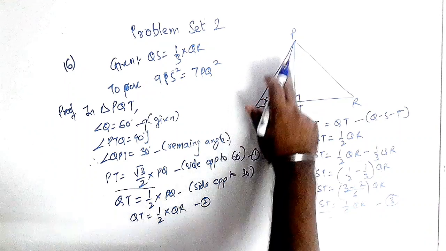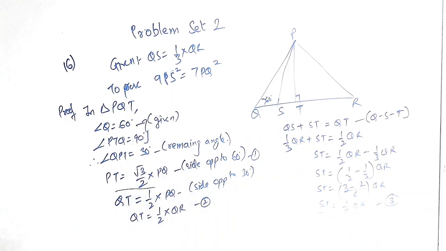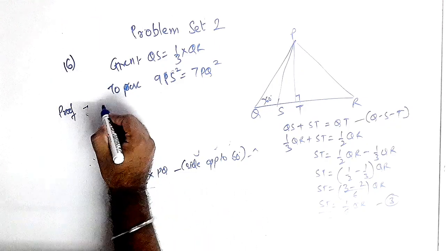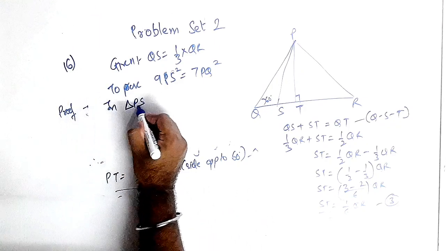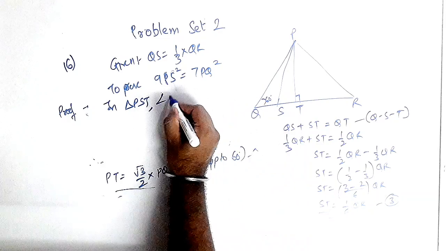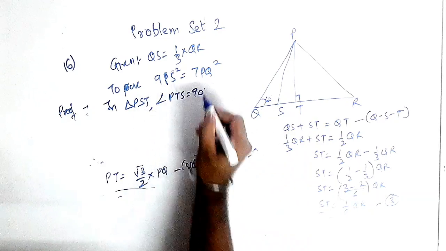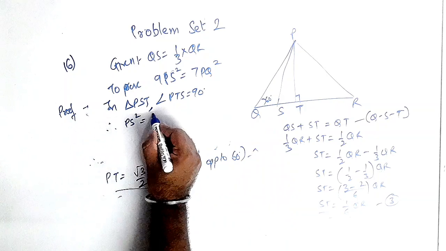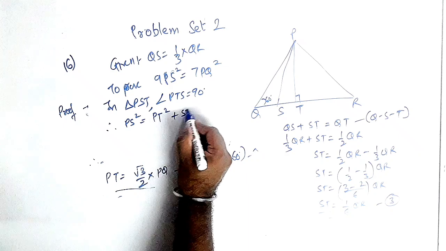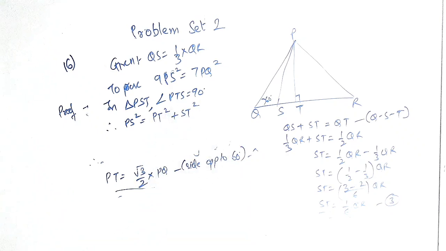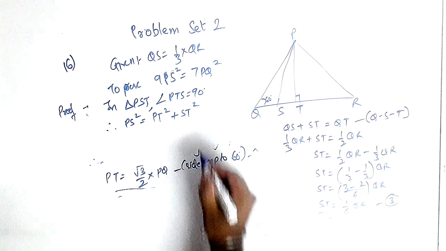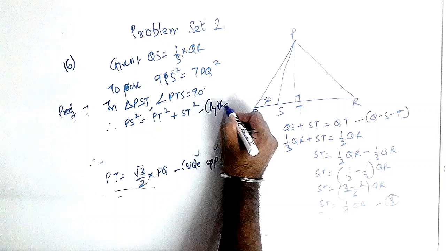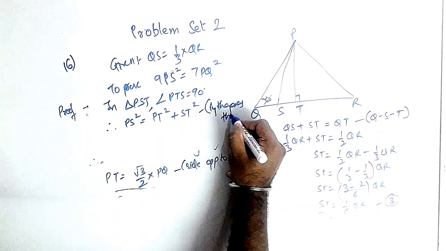Okay, so now let us move on to this triangle PST, because we want PS square, so I'll erase this. So in triangle PST, angle PTS equals to 90 degree. Okay, therefore PS square is equal to PT square plus ST square. Okay, it is PT square plus ST square. This is Pythagoras theorem.